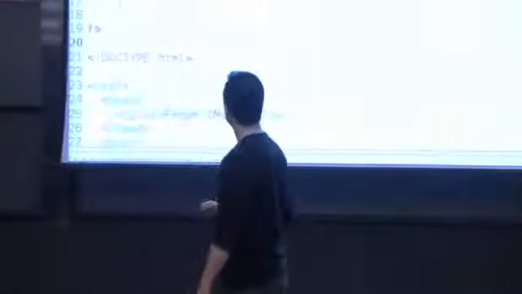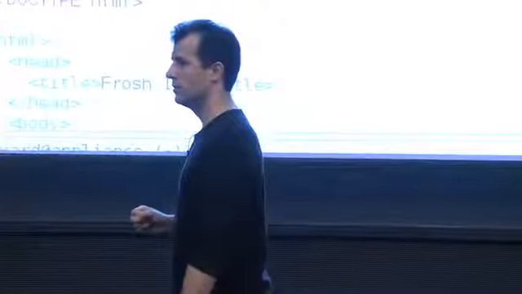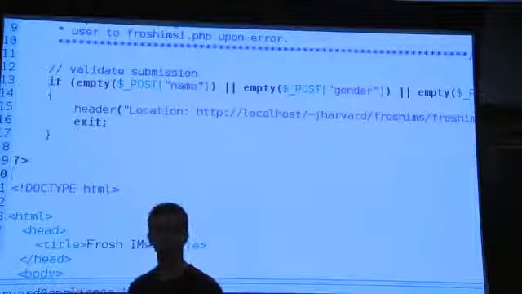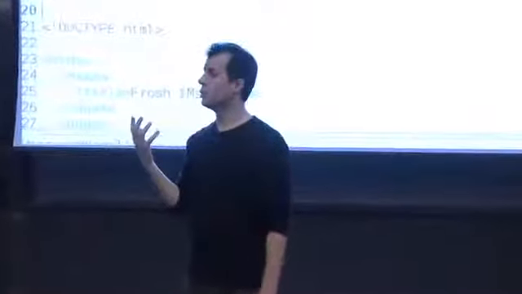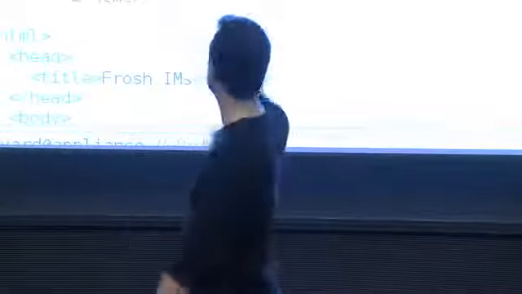Well, POST is an array, so it looks for the key name inside the array, and the empty function probably checks if it's empty. Excellent. So POST, again, is an array. It's not a numeric array with which you might be most familiar. It's an associative array, which is conceptually similar, except your keys are no longer numbers like 0, 1, 2. They're instead anything you want, like strings, foo, bar, and baz, or in this case, name.